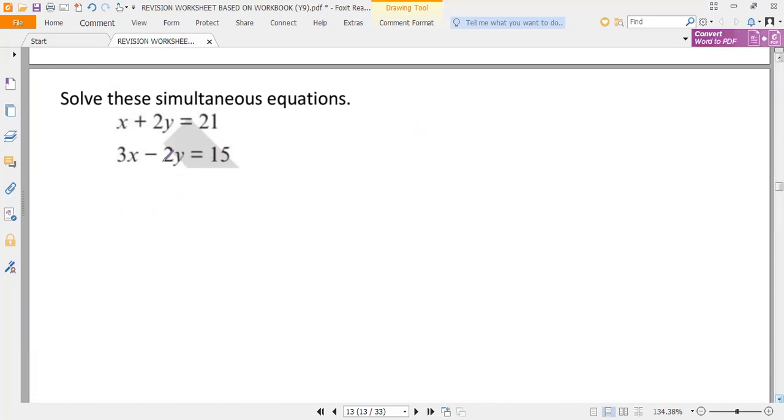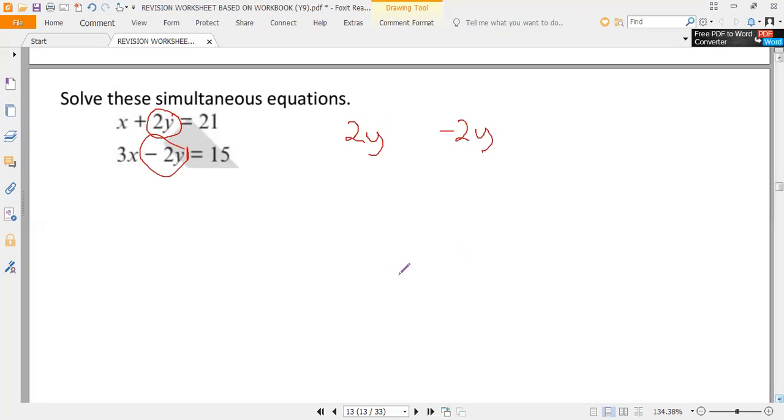So let us decide now whether we need to either plus or minus, which one to do. This is how to decide it. Look at it very carefully. The first one is a positive 2y. The second one is a negative 2y. Consider these two, positive 2y and negative 2y.